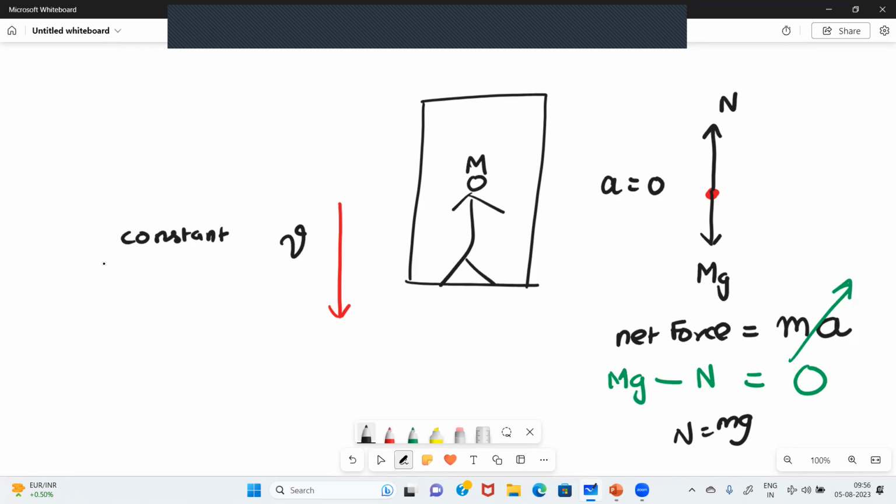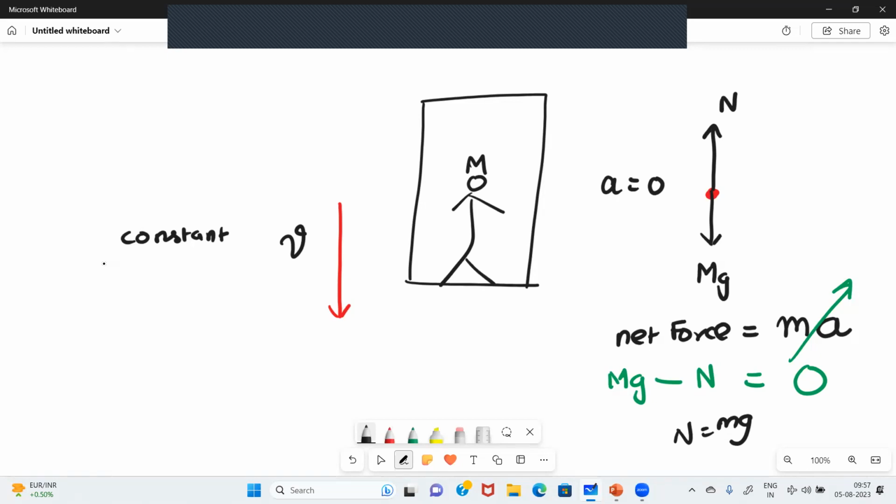If the lift is stationary, what is normal reaction equal to? Mg. If the lift is stationary for a hanging object, what is tension equal to? Mg. For a lift which is moving downwards with a constant velocity v, what is tension for a hanging object? Mg. Was A 0? What is normal reaction?